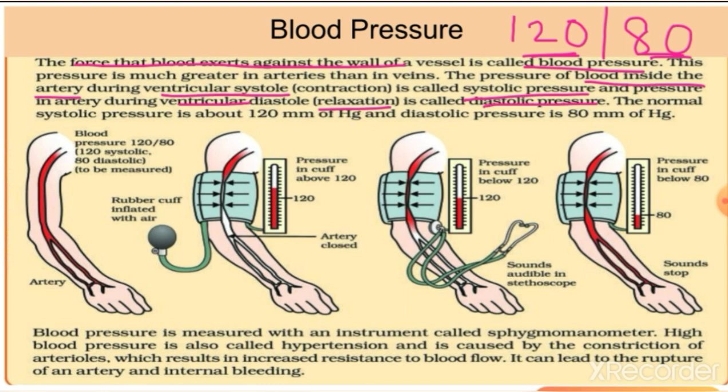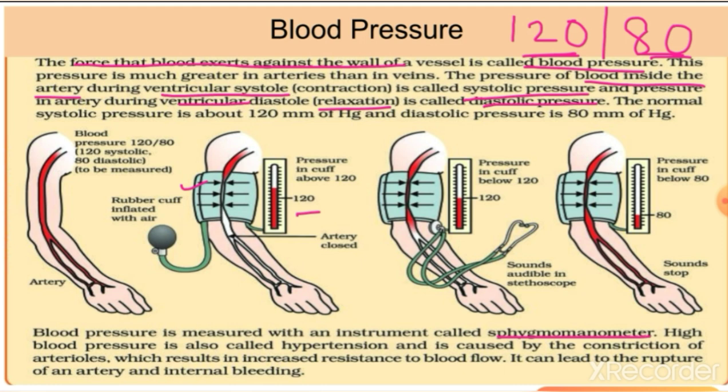Now this blood pressure is measured with a machine called a sphygmomanometer. This machine has a rubber cuff. This rubber cuff applies pressure on the arteries. We measure the blood pressure by the arteries, not by the veins. So when this rubber cuff is wound around our arm, it applies pressure on the arteries, and because the normal pressure should be 120, the pressure applied by this rubber cuff is more than 120.